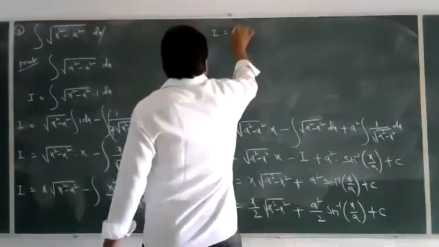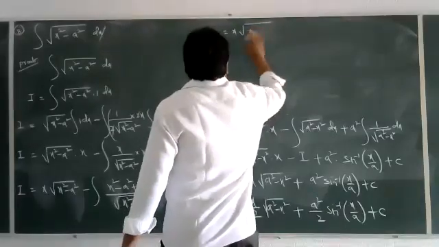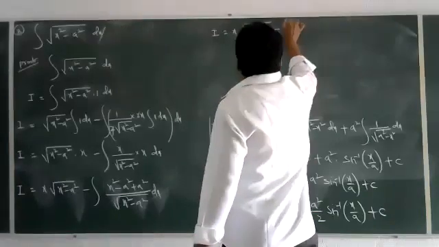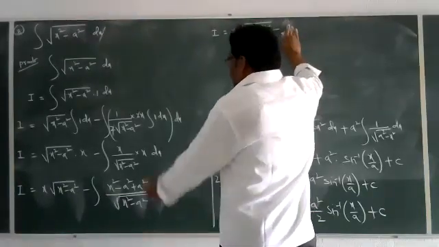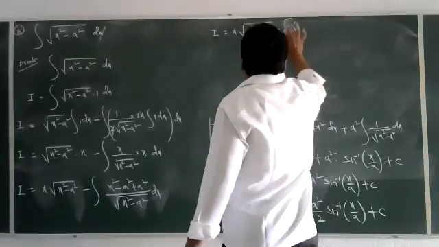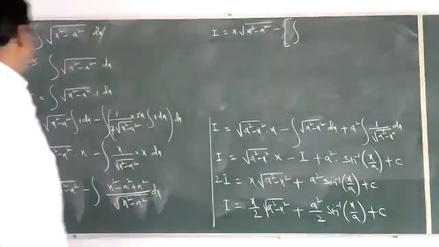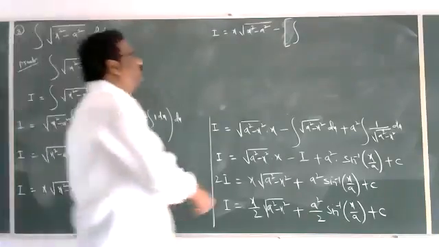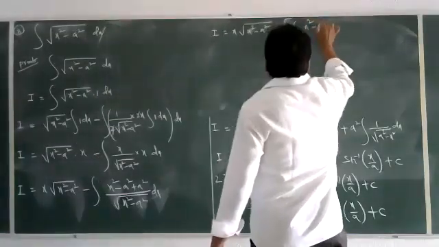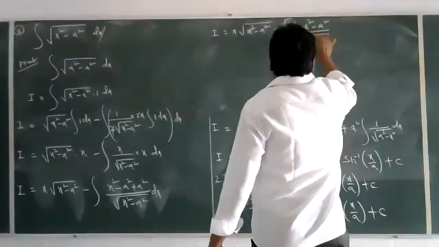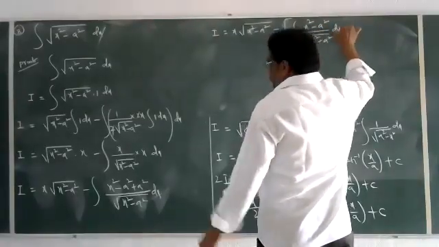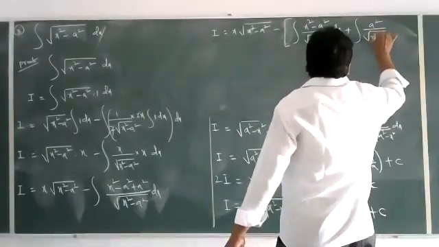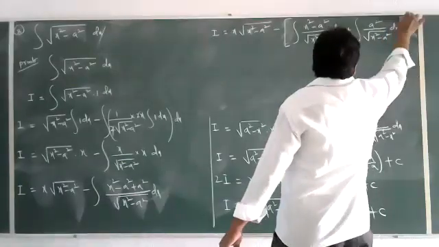That is I is equal to x into root of x square minus a square minus integral, here split into two integrals: integral of x square minus a square by root of x square minus a square dx plus integral of a square by root of x square minus a square dx.